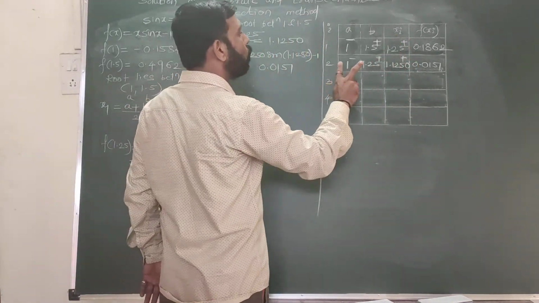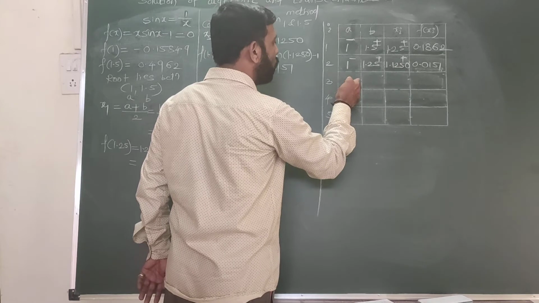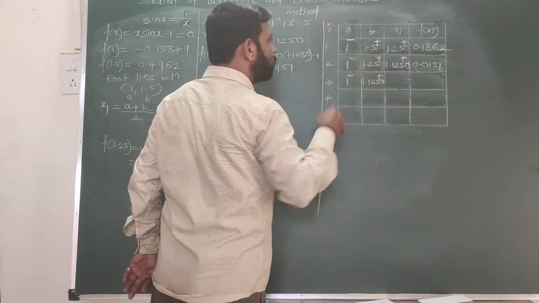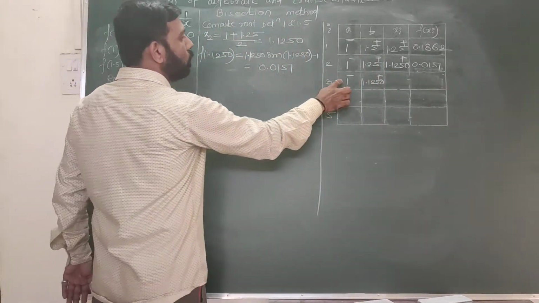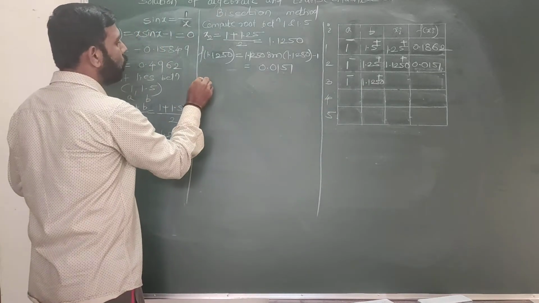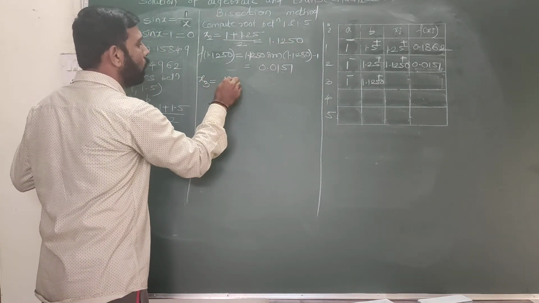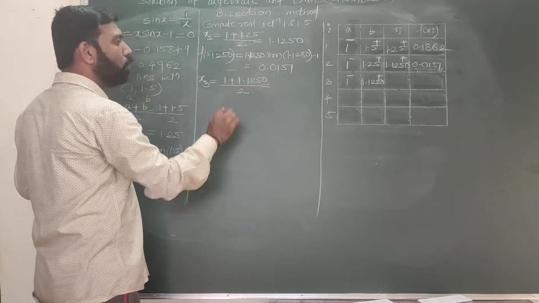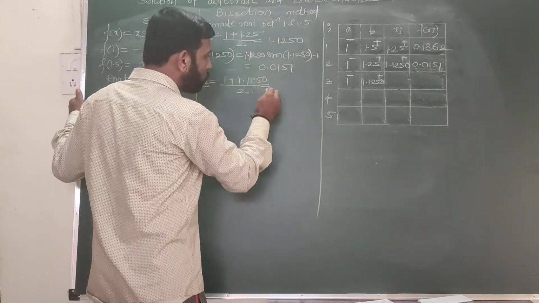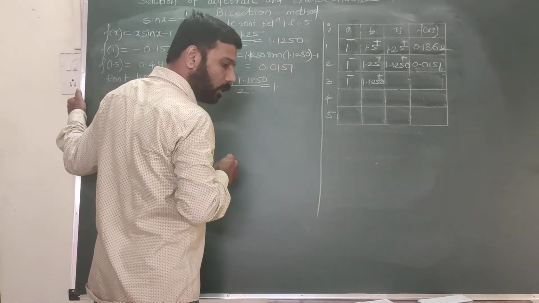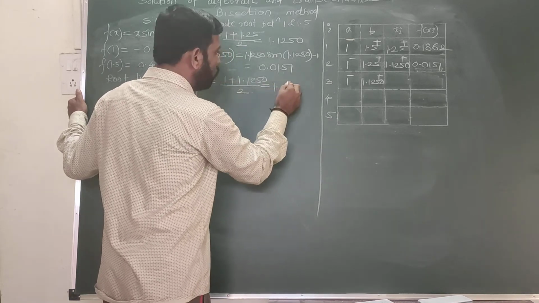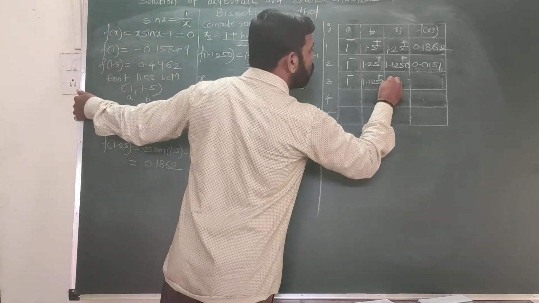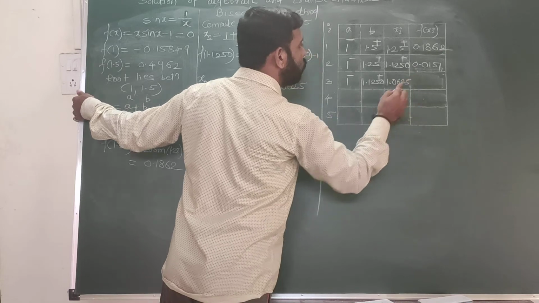Now consider again the opposite symbols, minus and plus. So our next interval is 1 minus and 1.125 plus. These become the new a and b values. Then x3, a plus b upon 2, is 1.0625.